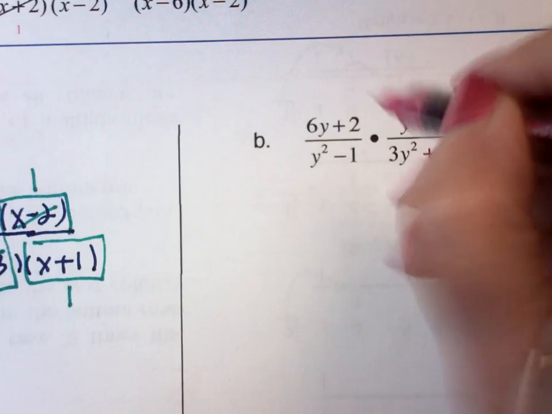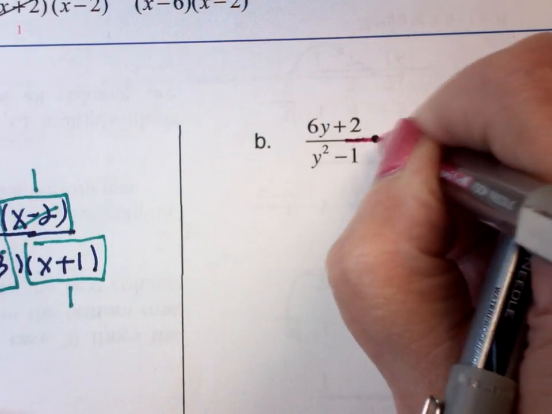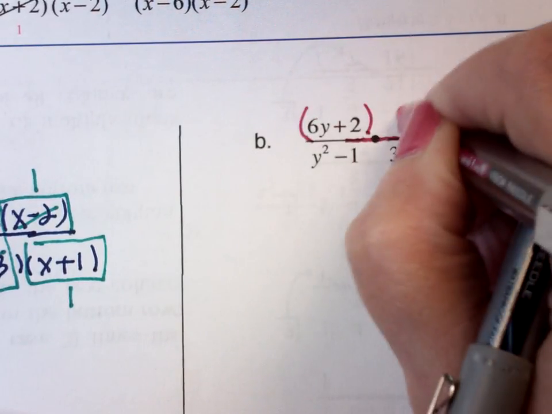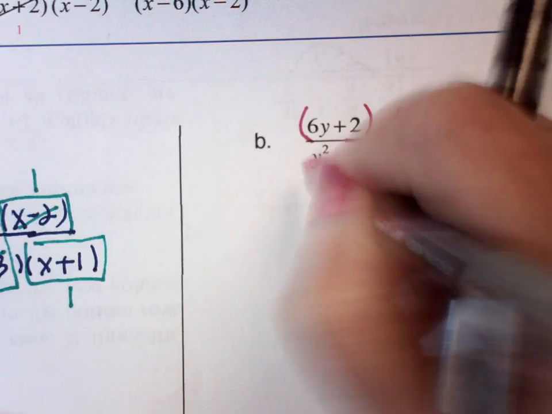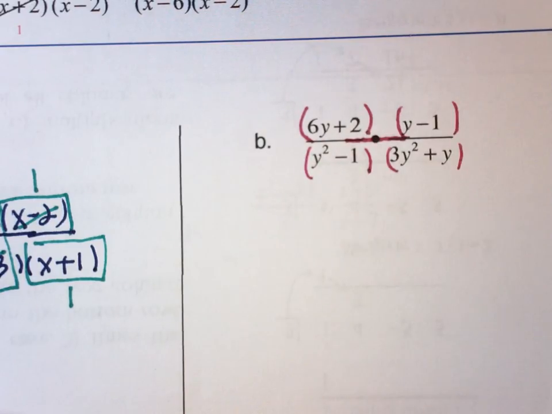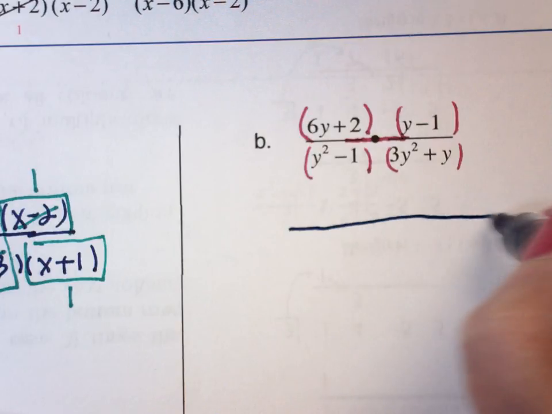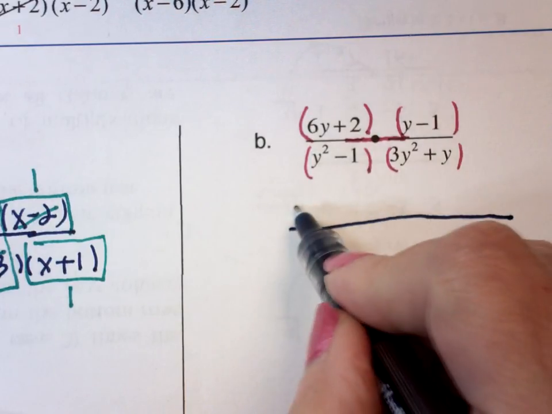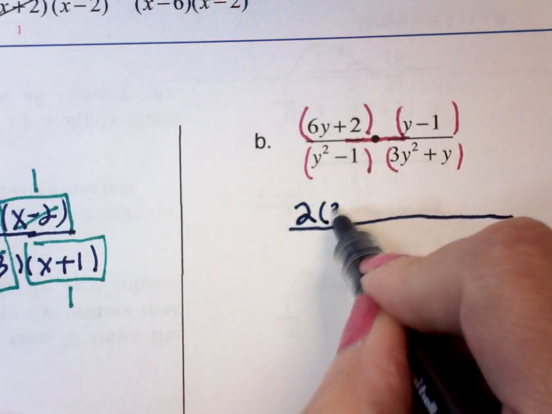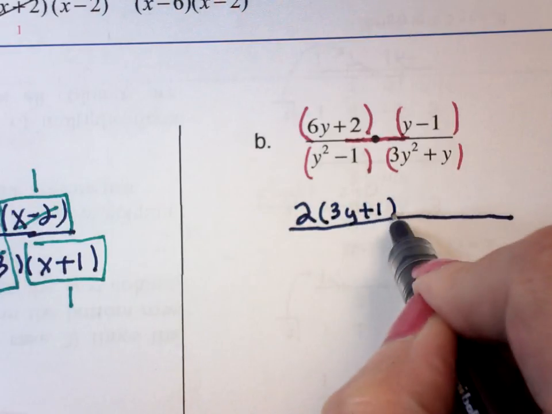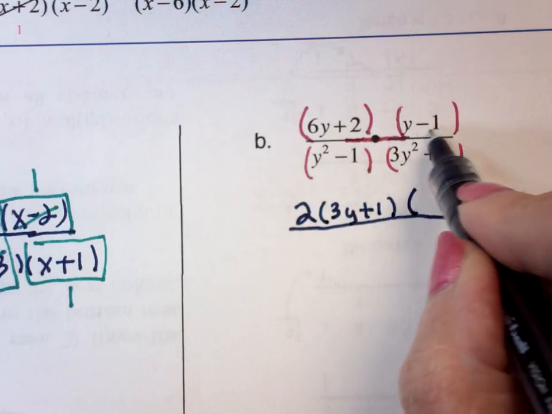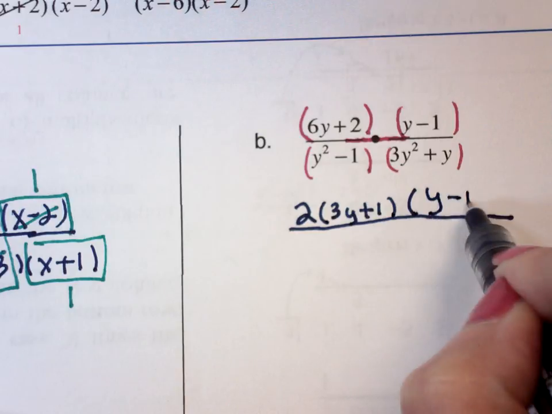Again, multiplying, this becomes one problem. Set of parentheses around the individual groupings. Factoring the numerator, greatest common factor of 2, 3y plus 1. y minus 1 is already prime.